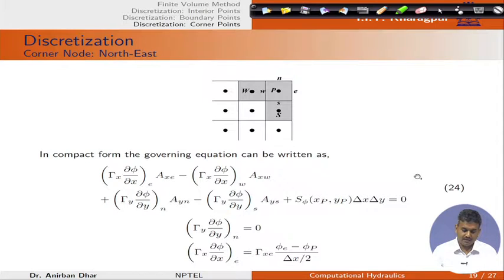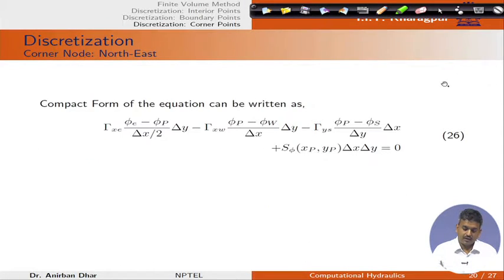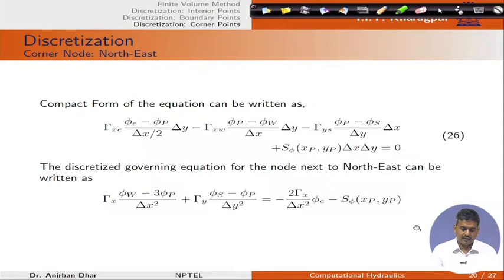So, with this we can write this one. Similarly, with the compact form we can get the final form of the equation. Phi e is known value. So, we have transferred it to the right hand side.